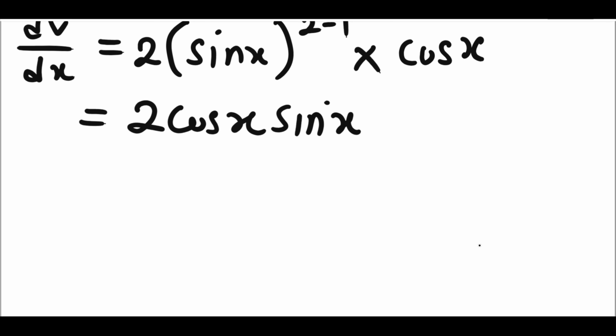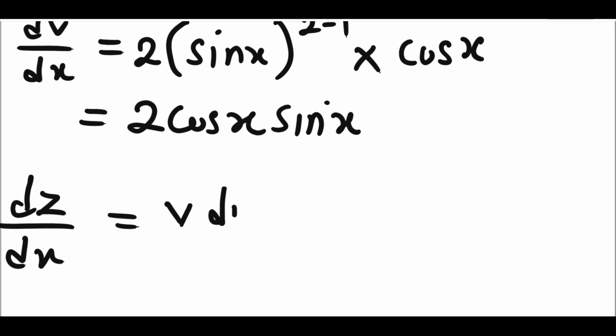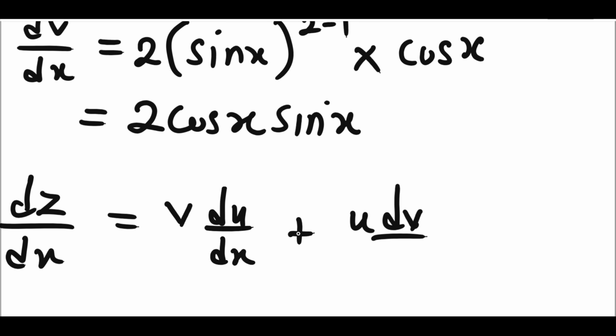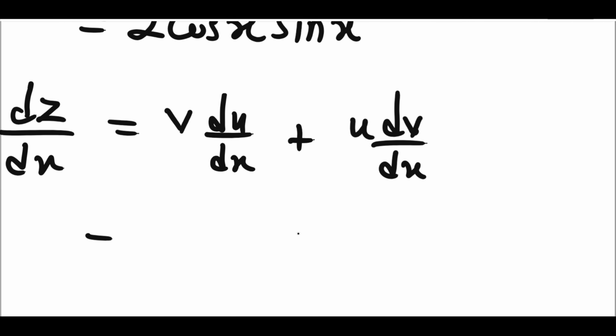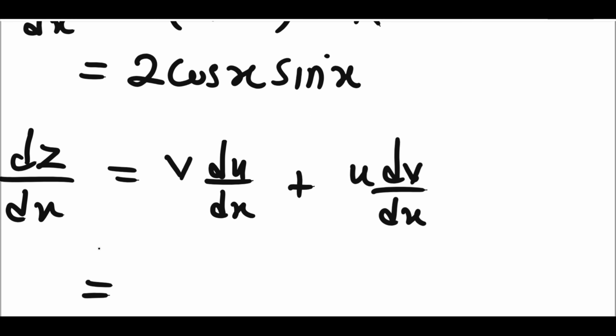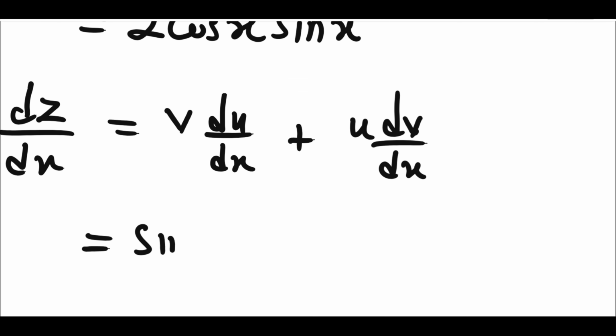So we have 2 cos x sine x as the derivative of sine x squared. So we can now find our dz/dx using the product rule. We have v multiplying du/dx plus u multiplying dv/dx. So we just need to substitute the various components into the formula. We have v to be sine x squared.